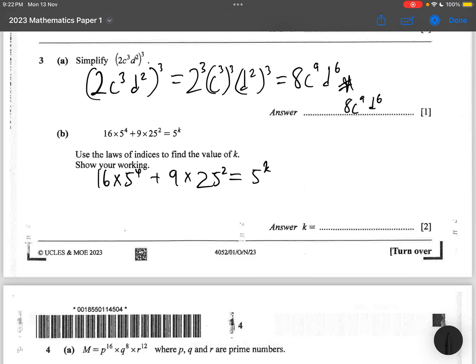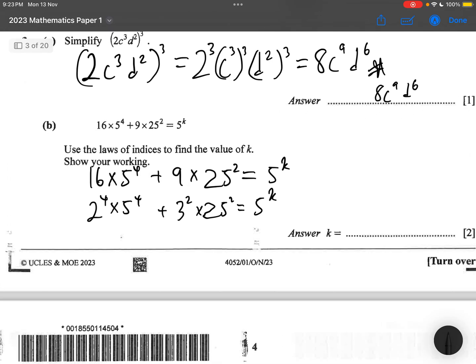Now, to start off, I can rewrite 16 as 2 to the power of 4 multiplied by 5 to the power of 4, and then 9 I can rewrite as 3 squared multiplied by 25 squared, which is 5 to the power of k.